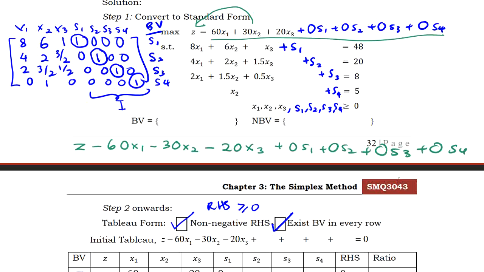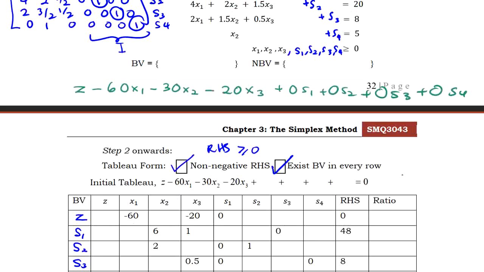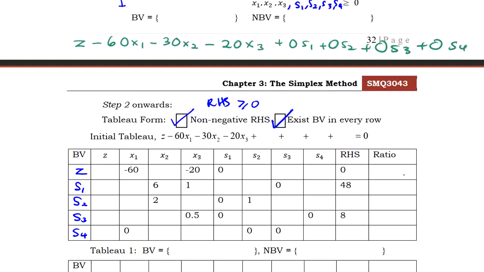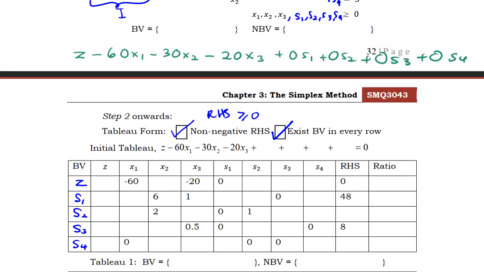For the initial tableau, the first row we call row Z or row 0. For the first column, column Z, the coefficient is 1, right? So 1 here.